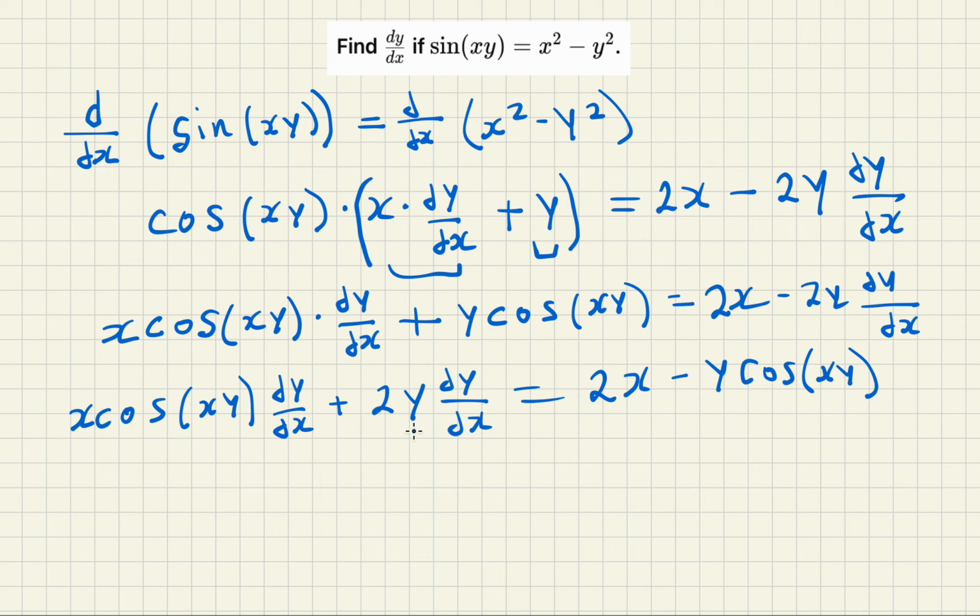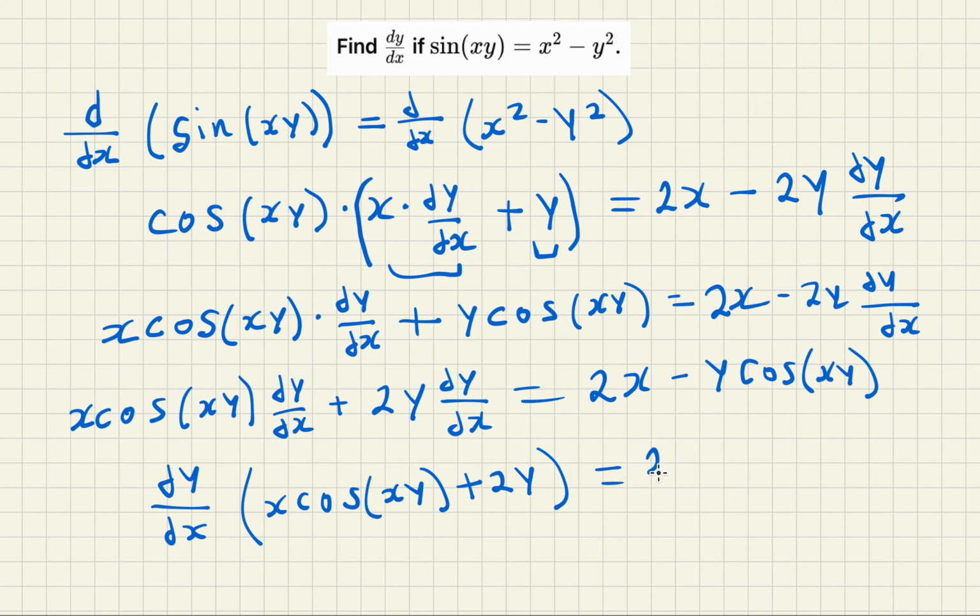And now we can isolate dy over dx by first factoring dy over dx out here. So we get dy over dx times x cosine xy plus 2y, and on this side it remains the same, minus y cosine xy.